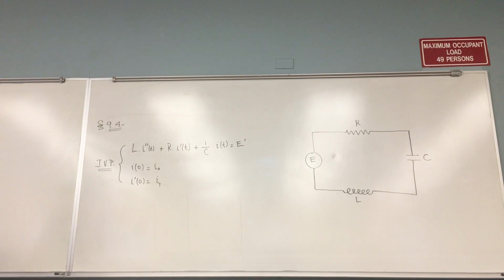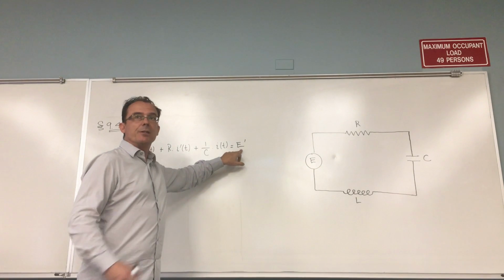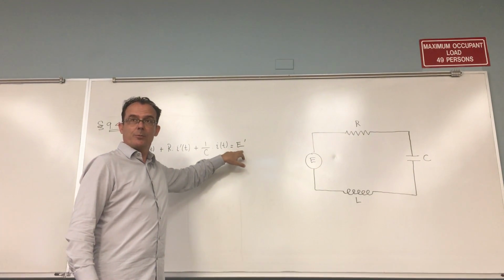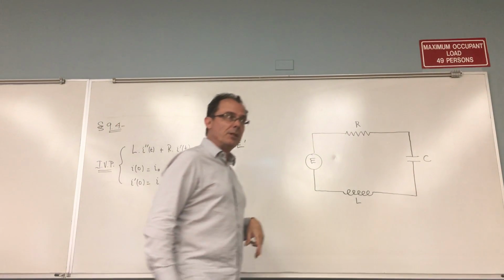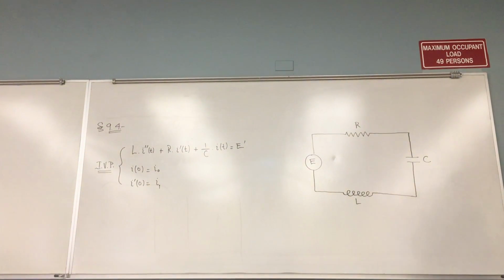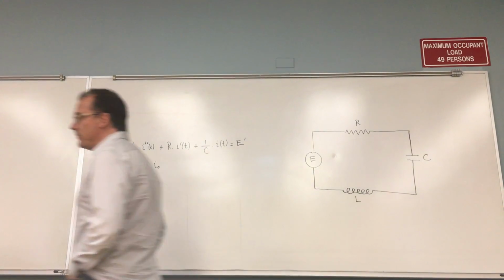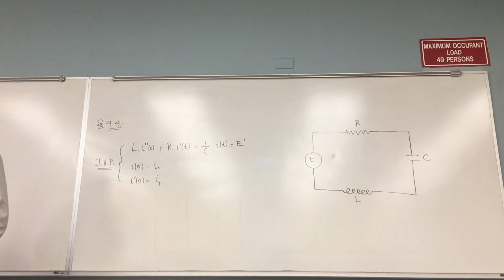The power source, right? The battery. Look where it appears. That's the non-homogeneous term. It's the derivative of that power source function that creates the electrical current. They call this the electromotive force, and it changes as time changes.